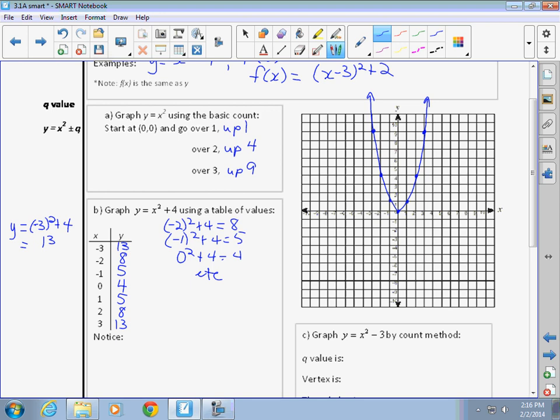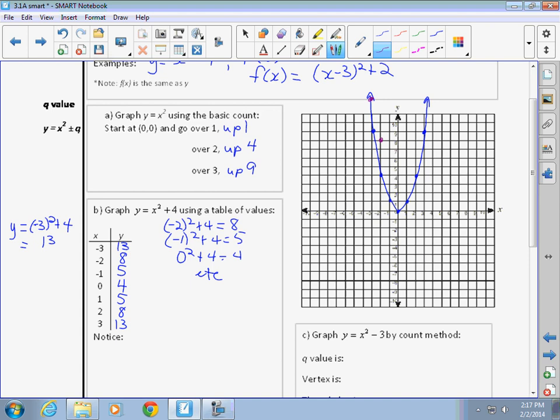Okay, so let's draw this graph and see what we notice. I'll do this one in purple. So my first point there is at negative 3 and 13. So 1, 2, 3, 13. I've only got 11, so 12, 13 will probably be about right there. Negative 2 and 8 puts me there.